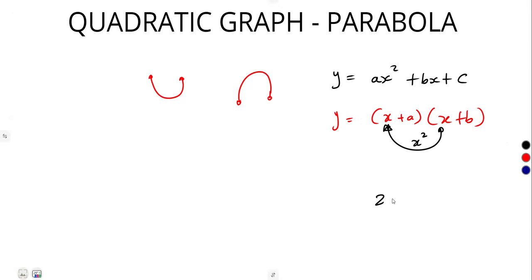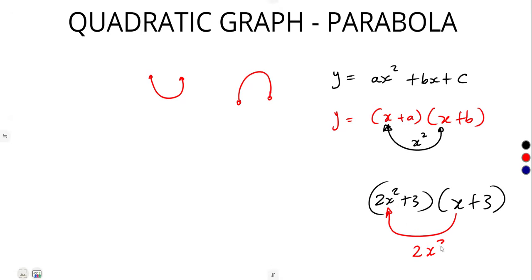Not to say there is something like this, because if you're given something like this, yes, there are two brackets, but if you multiply the x and the x squared, it's going to give us 2x cubed. It's no longer a quadratic. So when you expand everything, you must go back to the x squared.